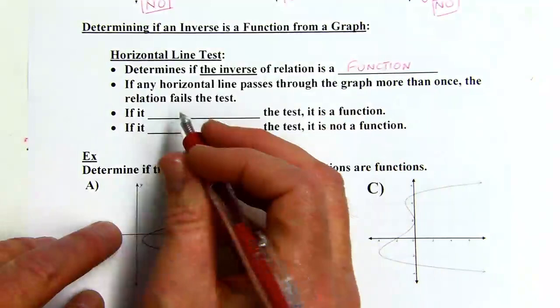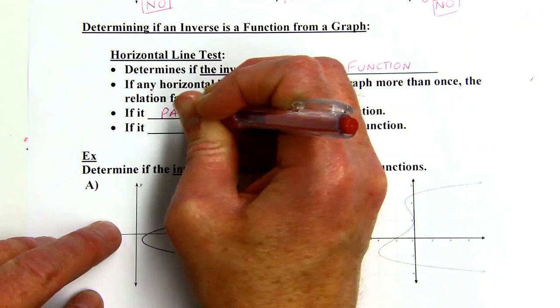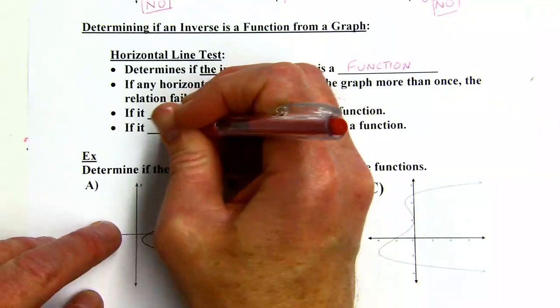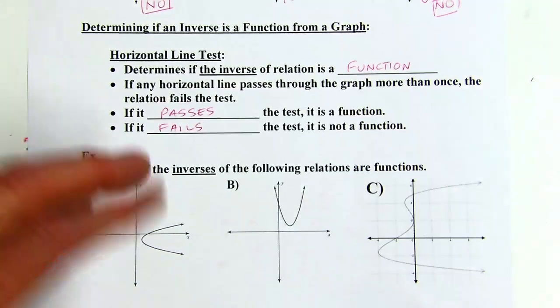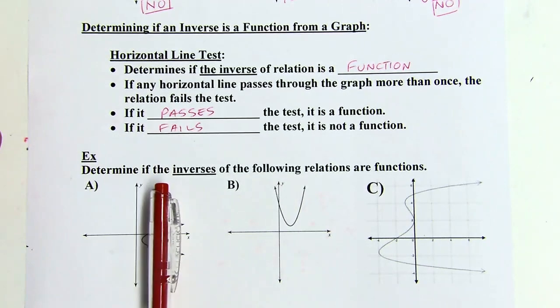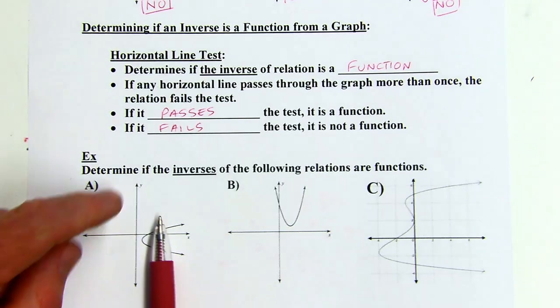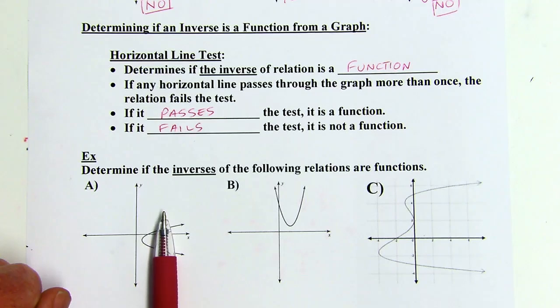If it passes the test, it is a function. And if it fails, it is not a function. But this time we're using a horizontal line. So I can see this relation would fail the vertical line test. It's not a function.